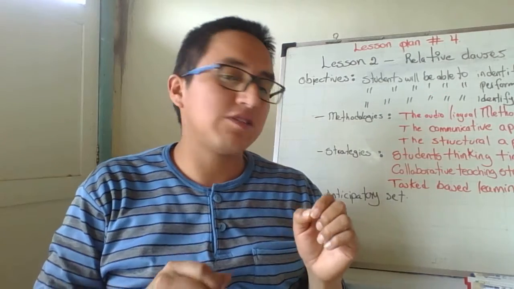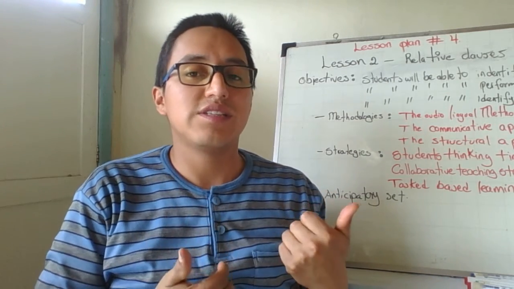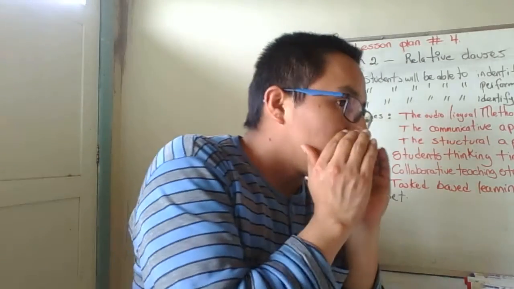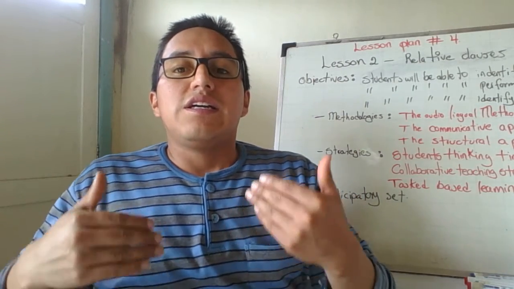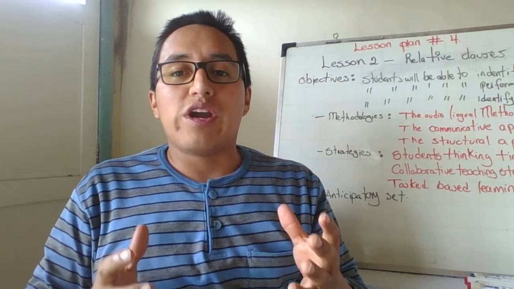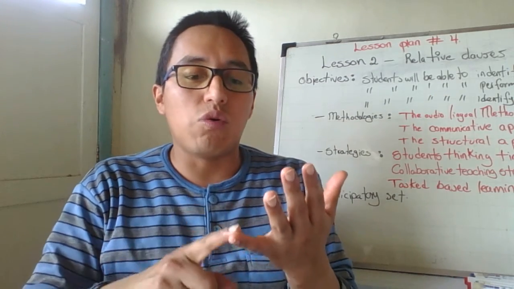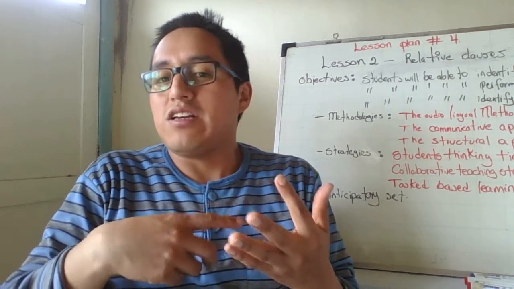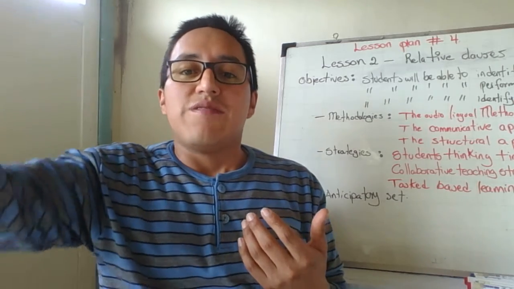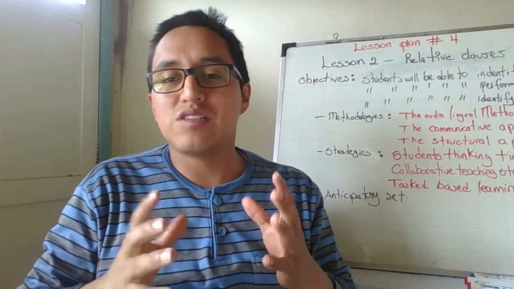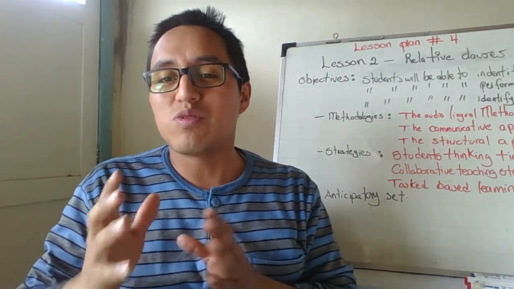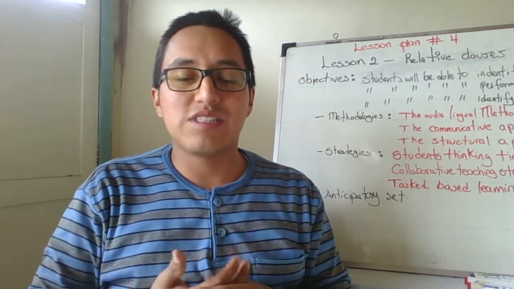For example, I'm gonna say to one student, house, and what the student tells the class is a place where live mother, father, and children, and the rest of the students will have to guess. So it's an interesting activity to perform in this lesson.